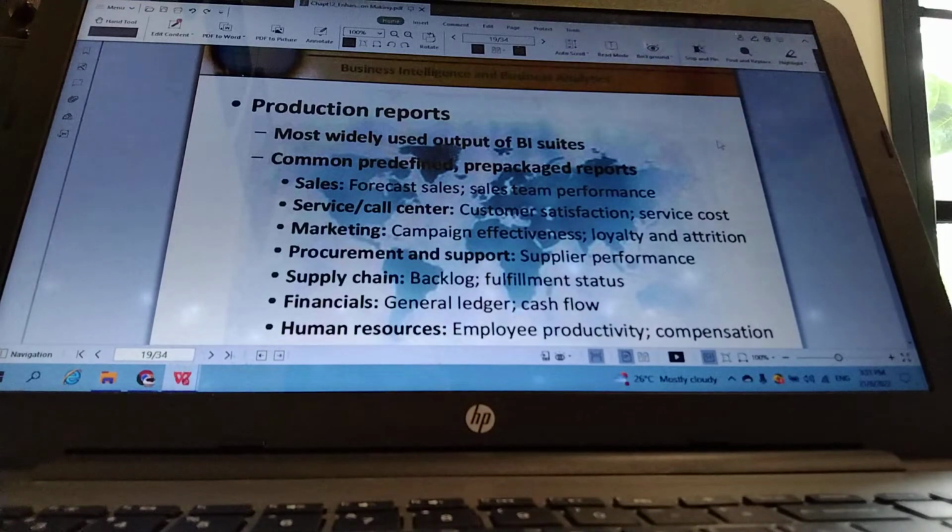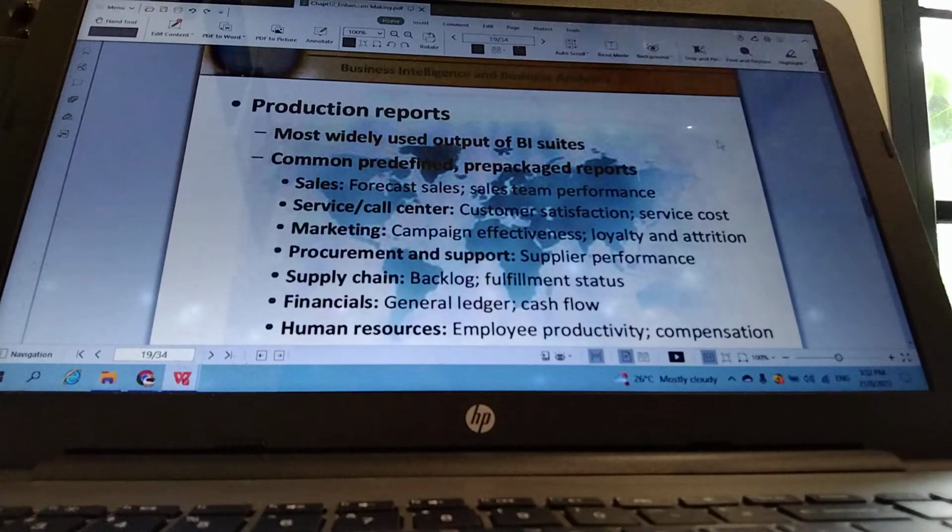Next, we have marketing related reports such as campaign effectiveness, loyalty and attrition related reports that can be generated out of this BI system. When it comes to procurement and support, the department involved in purchasing product items required by the business might want to look at supplier details, supplier performance, cost involved, and so on.